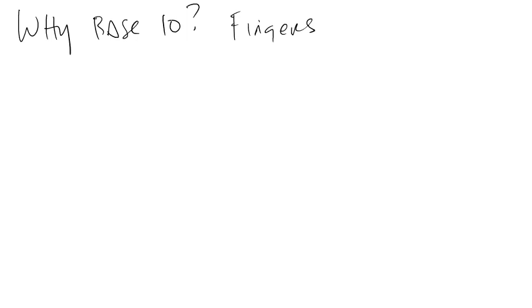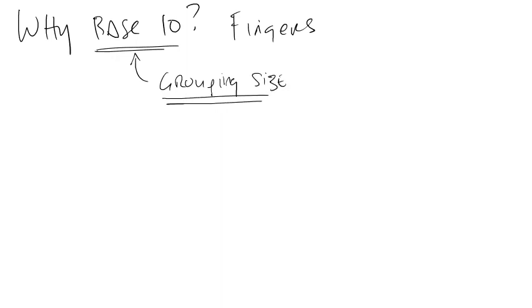What we mean by base 10, however, and this is going to be an important topic for this semester, is the size of our groupings. This is my grouping size. What that means is when I have 10 of something, it moves to the next value, the next place.